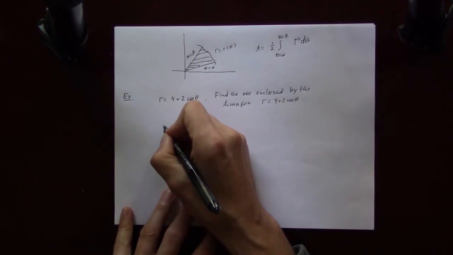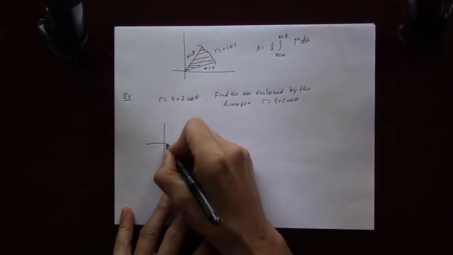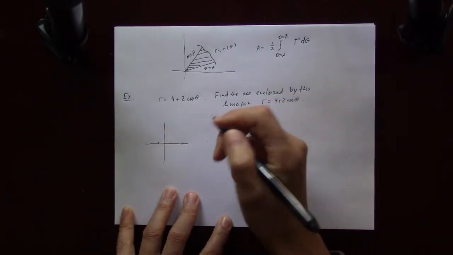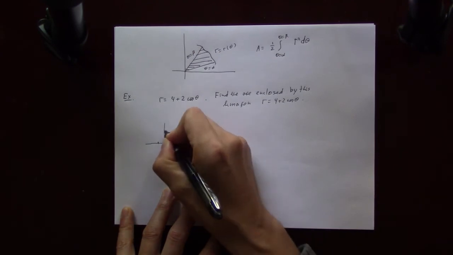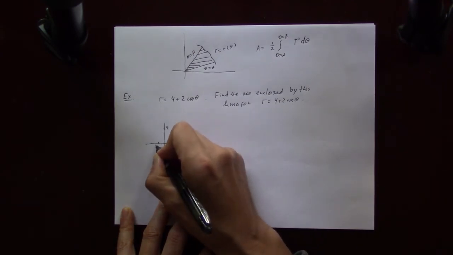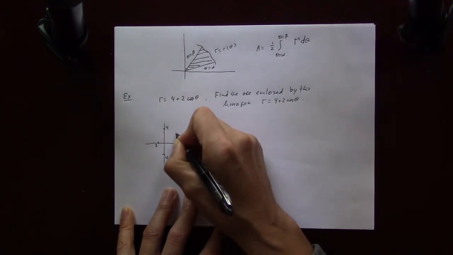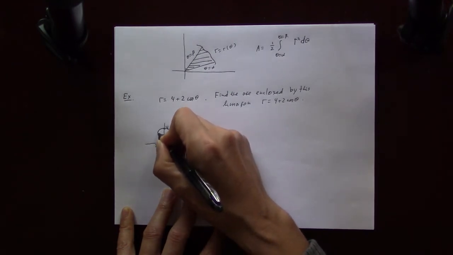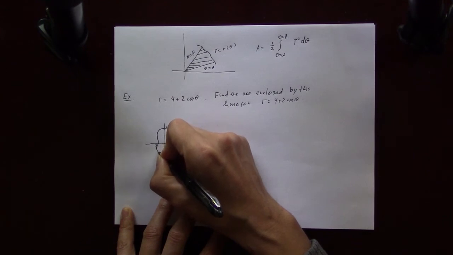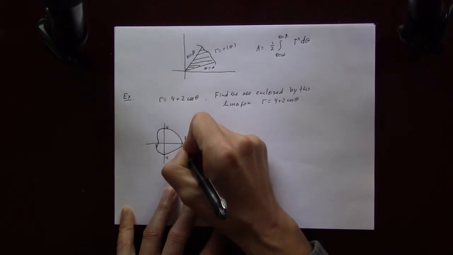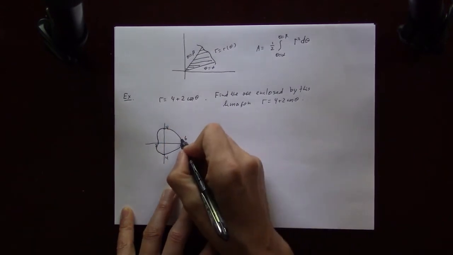Firstly, let's look at the picture. The picture looks something like this: 6, 4, 2, 4. So the limaçon, and we're looking for that area.